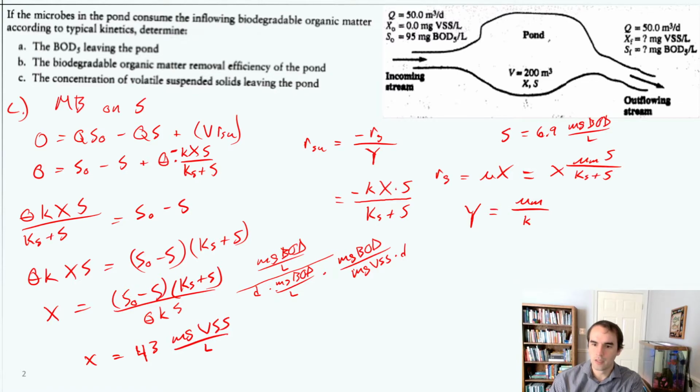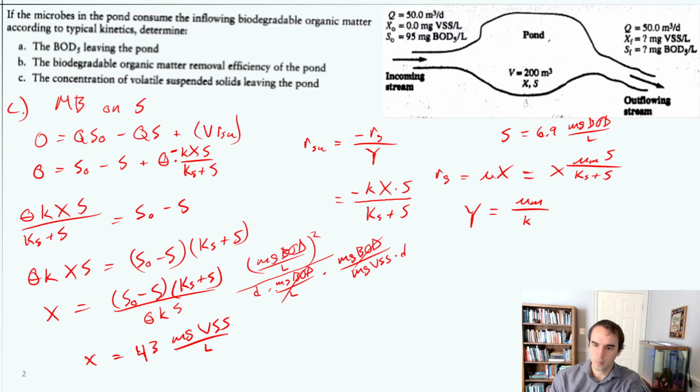And excuse me, I realize I just messed something up. Here it's milligrams BOD per liter times milligrams BOD per liter, so that'll be squared there. So these will cancel with these two, at least the milligrams BOD will cancel all the way, the milligrams per liter will cancel once, so we're going to be left with per liter up here.